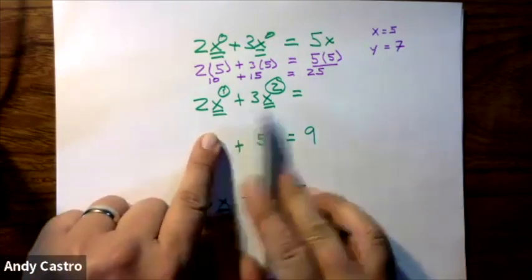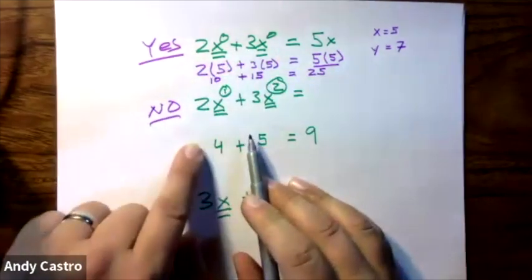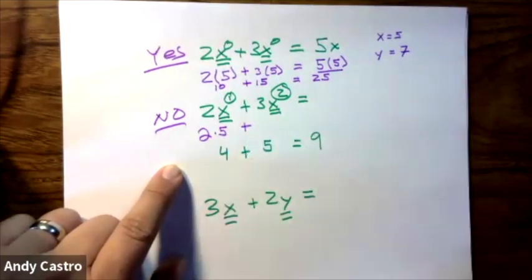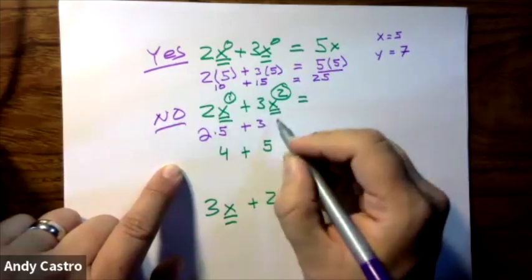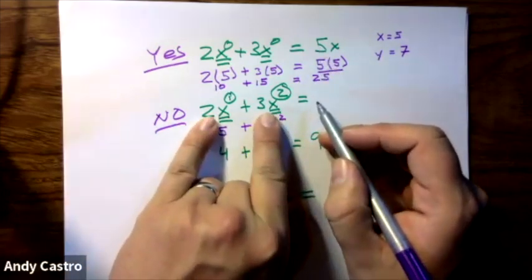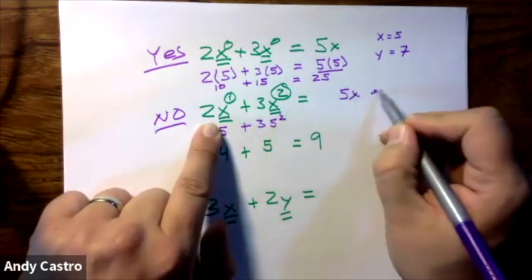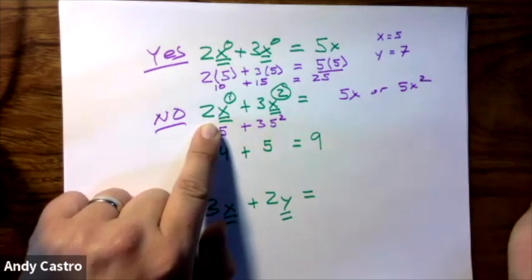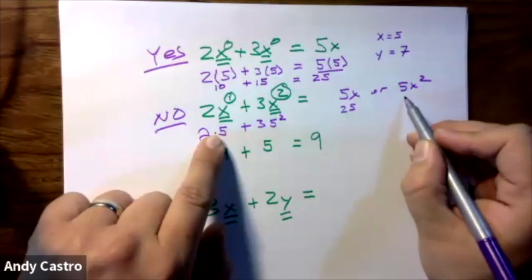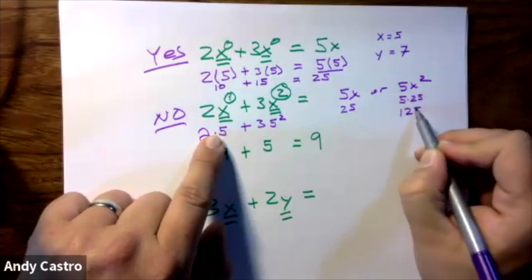All right, now we said yes on the first one. On the second one, we said no. Let's verify that. So 2 times 5 plus 3 times 5 squared. Can I combine those two? I don't even know how you would combine it, because would this be 5x or 5x squared? 5x we know would be 25. 5x squared would be 5 times 5 squared, so 5 times 25, which is 125.